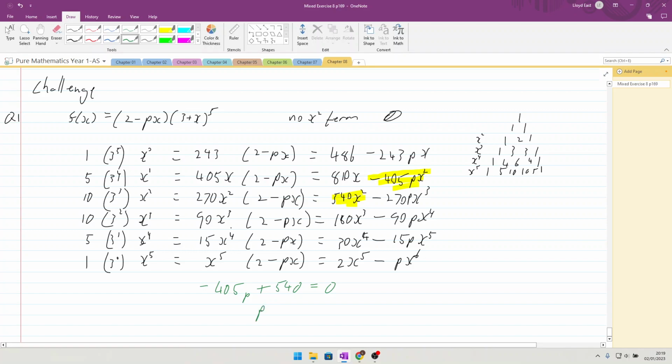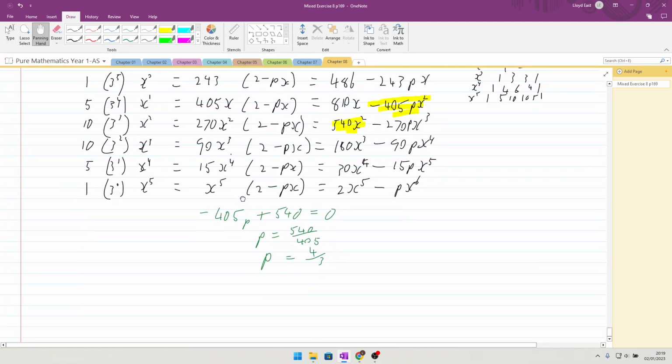Okay, so p is equal to 540 divided by 405. By the time you rearrange that, 540 divided by 405 is 4/3. Which is what they asked us to show it was.